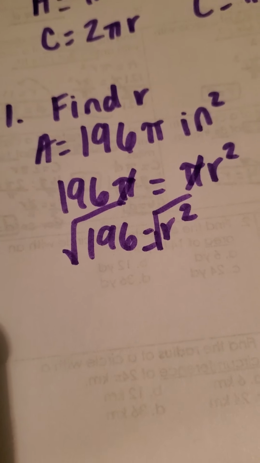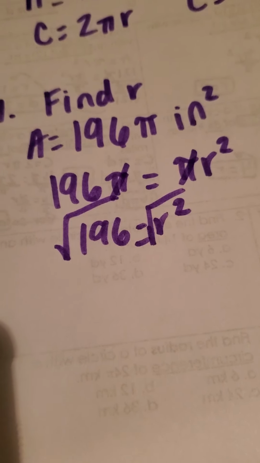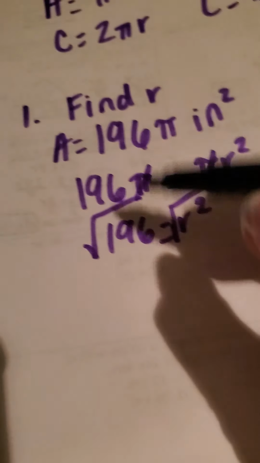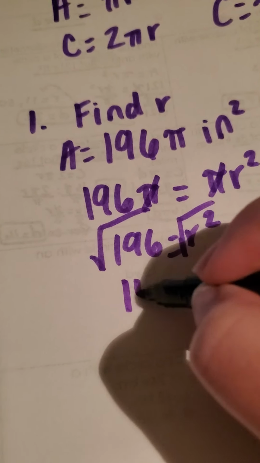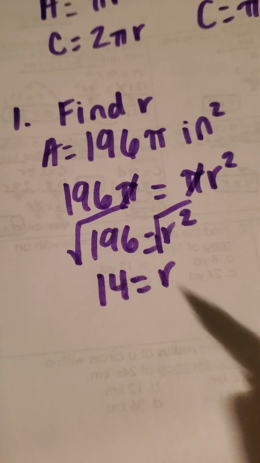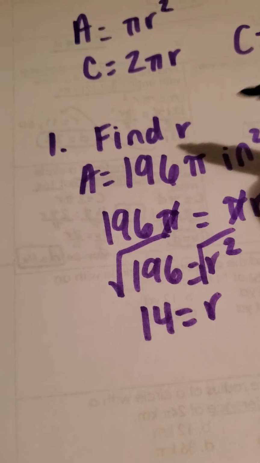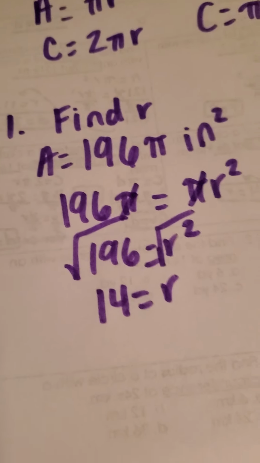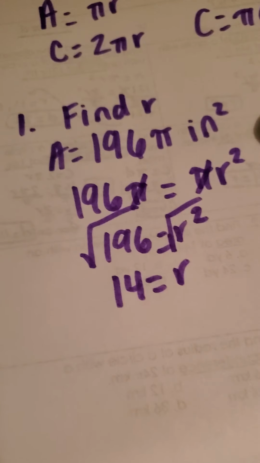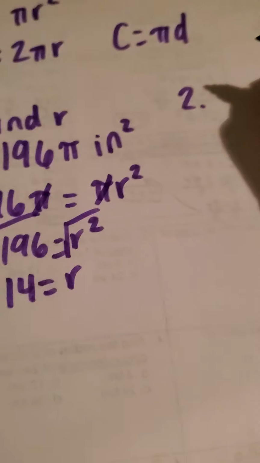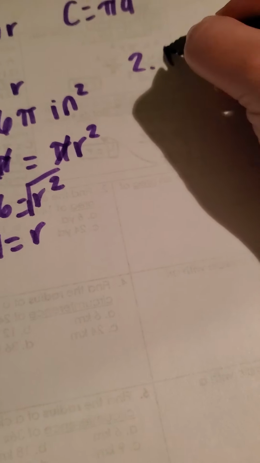So I can't leave the r squared, I just have to have r. So undo it by taking the square root, and the square root of 196 would be 14. So I get 14 equals r. R is radius. The question said find r, so 14. That's my answer.